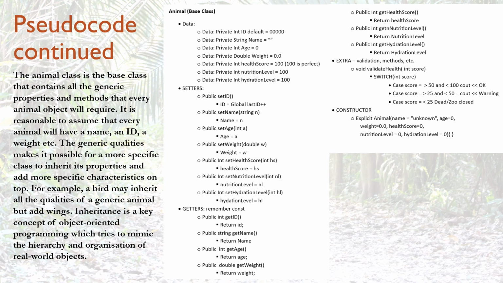For example, a bird may inherit all the qualities of a generic animal, but add wings. Inheritance is a key concept of object-oriented programming, which tries to mimic the hierarchy and organization of real-world objects. Here in the pseudocode, we begin to develop the ideas, the data members, and member functions that will be required for the application to function.